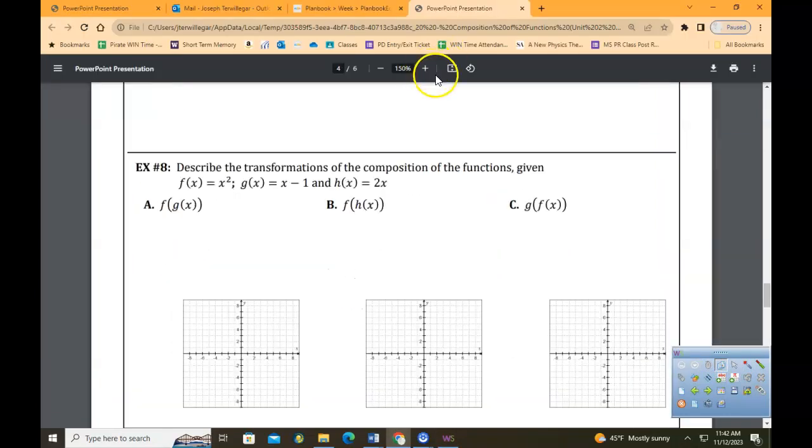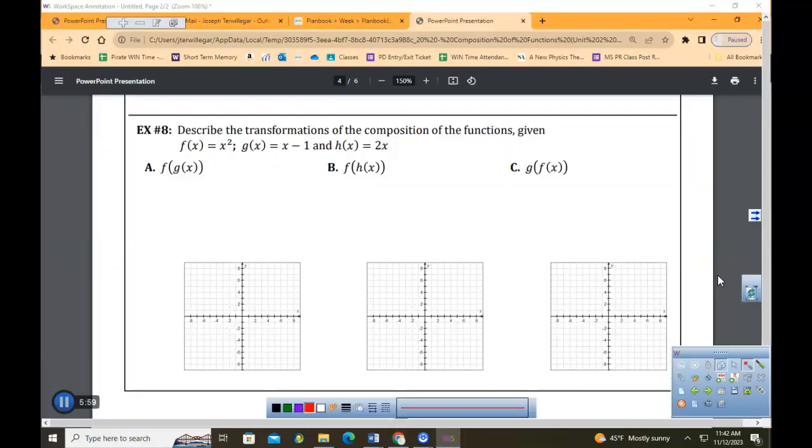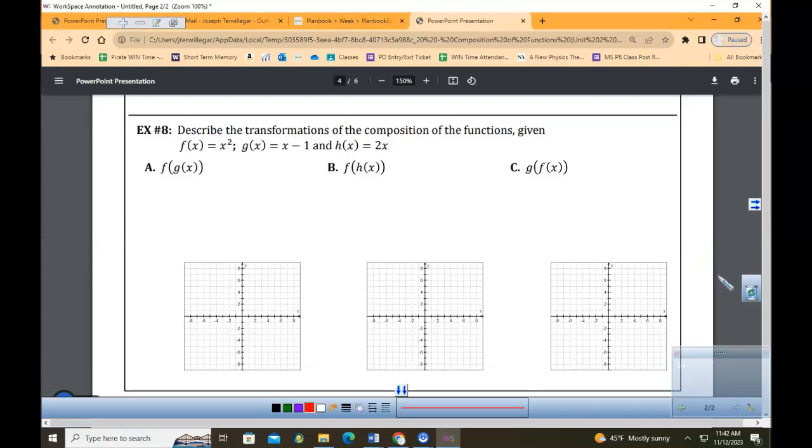Let's look at example 8. We have a composition of functions. Describe the transformation. So our g of x is x minus 1. So I'm doing f of x minus 1.